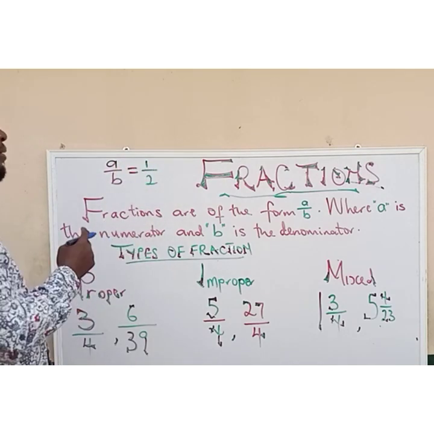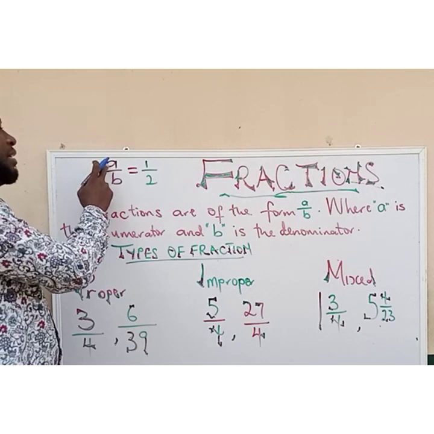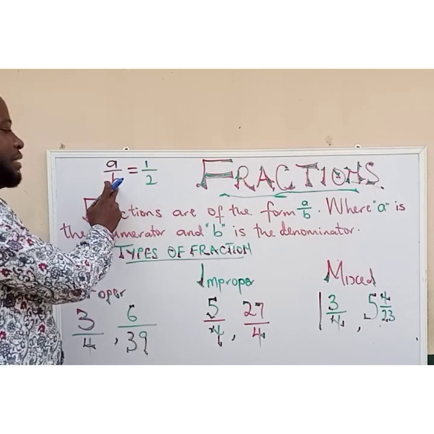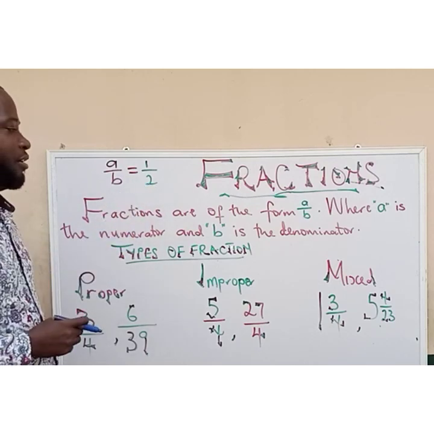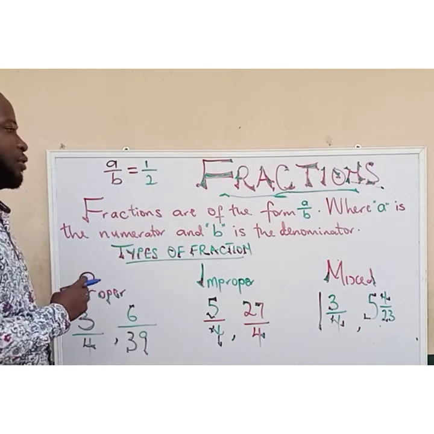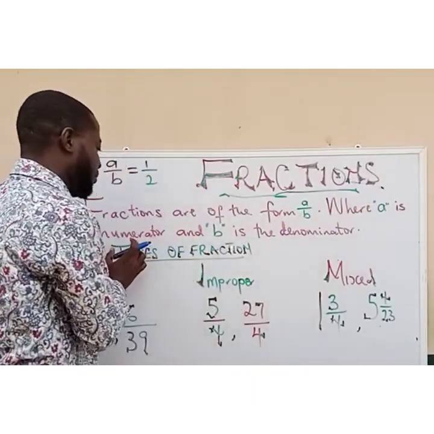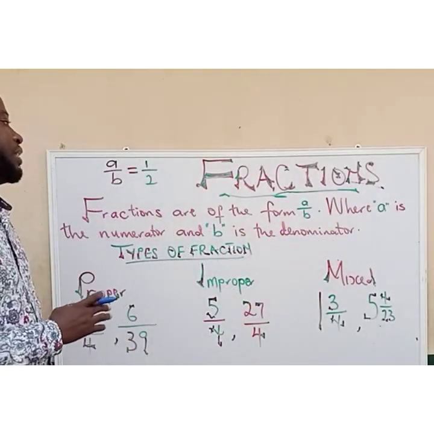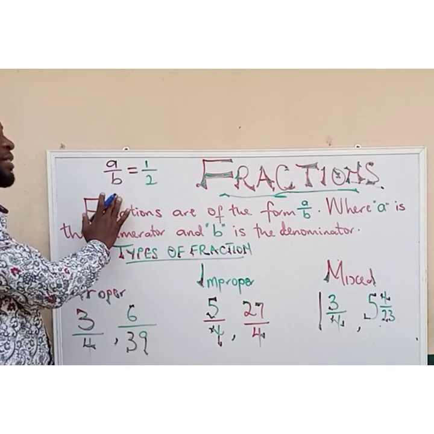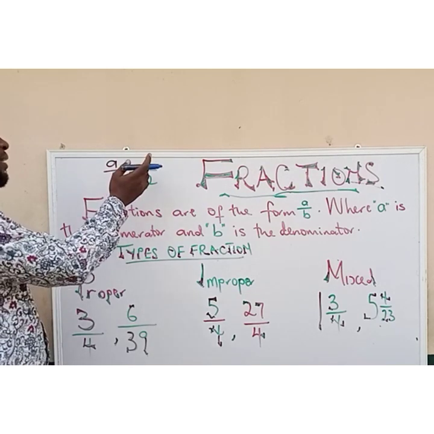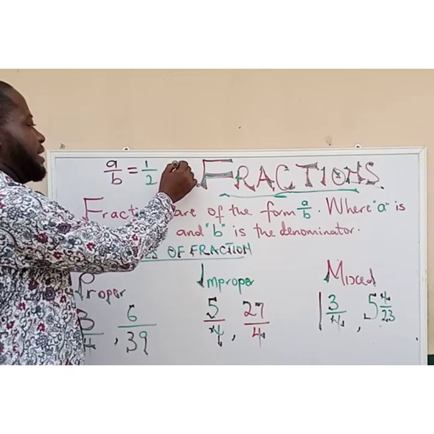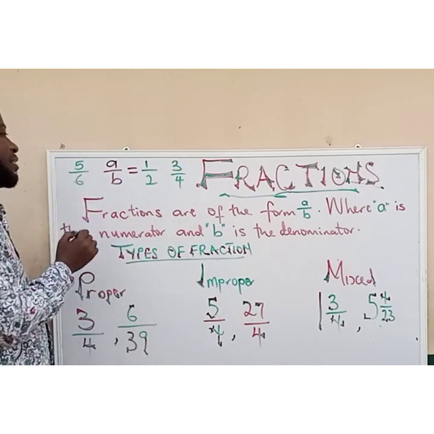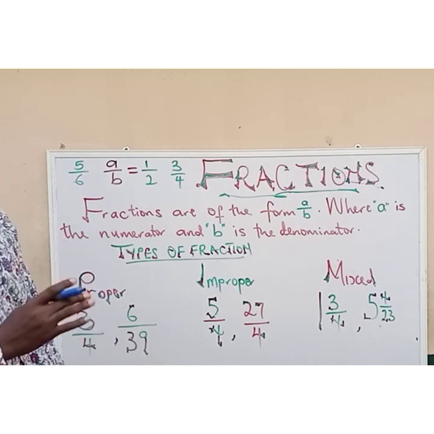So for example, a is equal to 1 and b is equal to 2, so 1 is the numerator, while 2 is the denominator. So whenever you see something like 3 all over 4, 5 all over 6, and so on, it is called a fraction.